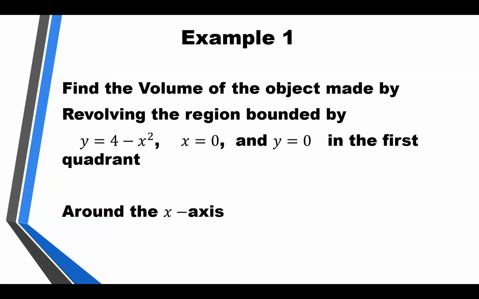So let's do an example. Let's find the volume of an object made by revolving the region bounded by y equals 4 minus x squared, x equals 0, and y equals 0 in the first quadrant around the x-axis.